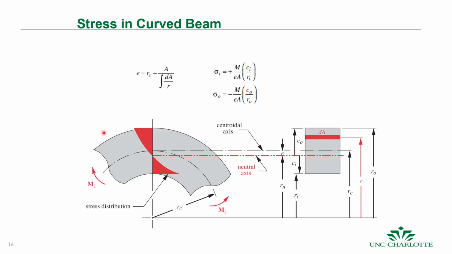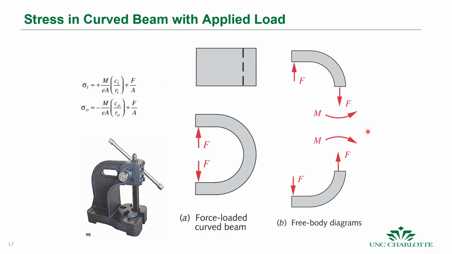So these are the variables that we'd use, and if we know the applied moment, we can calculate e for different cross-sectional areas, and then find the inner and outer bending stresses.